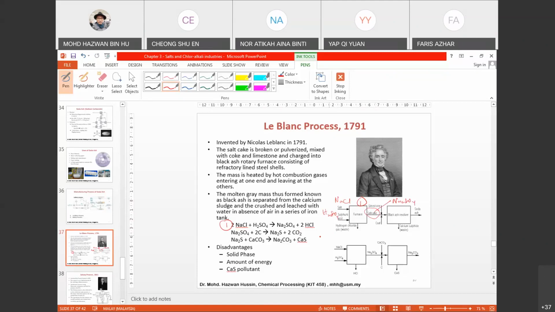This is Na2SO4, right? So in the second process over here, you'll see that coal or carbon will be added. This will form sodium sulfide, and then the sodium sulfide will react with limestone or calcium carbonate to form the soda ash, sodium carbonate.